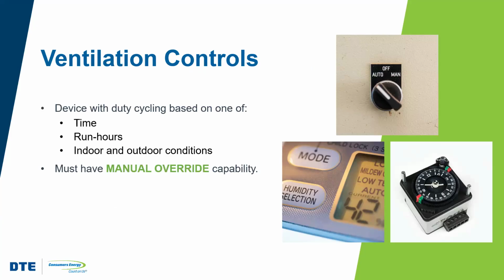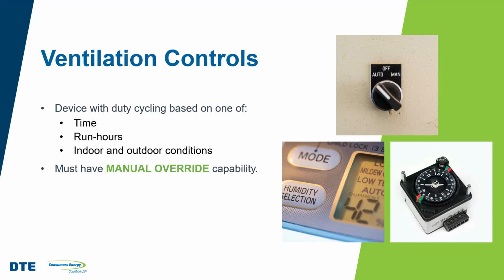Whenever we have these mechanical ventilation systems, we've got to have controls for them, right? So we want to have controls that are going to help us with those duty cycles, particularly if we're using intermittent ventilation. So there we're going to have some controls that could be based on time of day, or on how long the equipment has run.